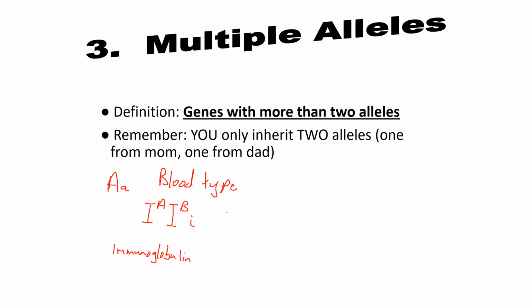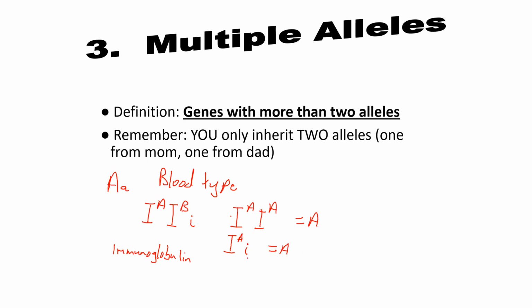So if your blood type is like this, and of course, remember, everybody gets two genes, your blood type is A. Now, if your blood type is like this, your blood type is still A. Why?